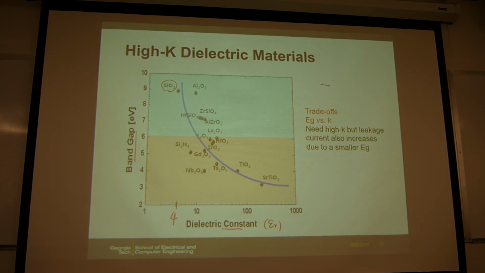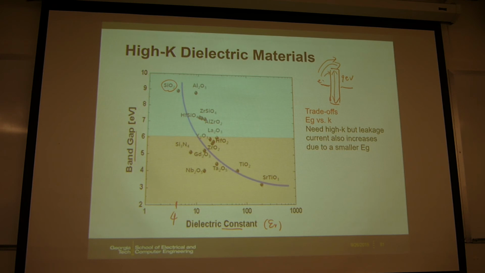Because if you look at the band diagram between the two electrodes, this is like silicon dioxide. You have this band gap, which is like 9 eV, very large. So electrons very hard to jump over. So that's a leakage current through the capacitor, right?